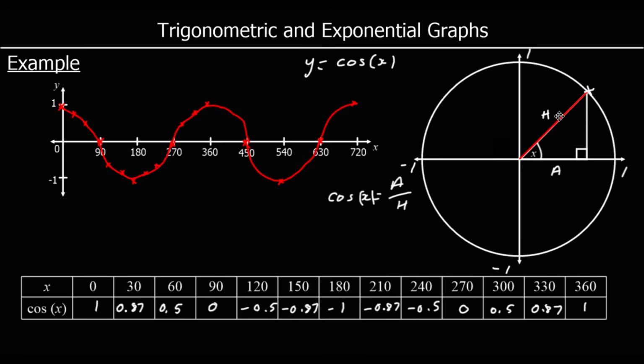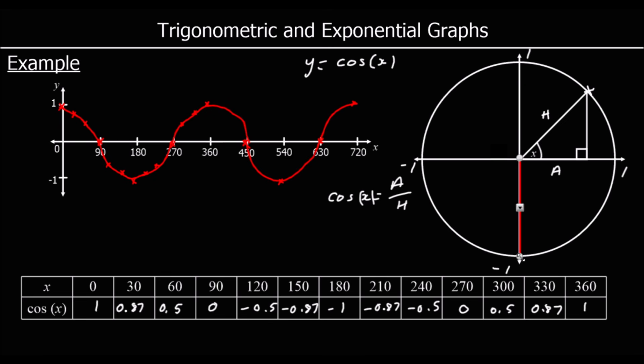So as we rotate this hypotenuse around, the x-coordinate at 0 starts at 1, and then the x-coordinate gets smaller and smaller, going to 0 at 90, and then it turns negative in between 90 and 180, reaching -1 at 180, and then it goes back towards 0 as it reaches 270.